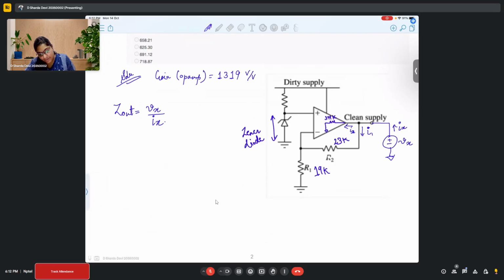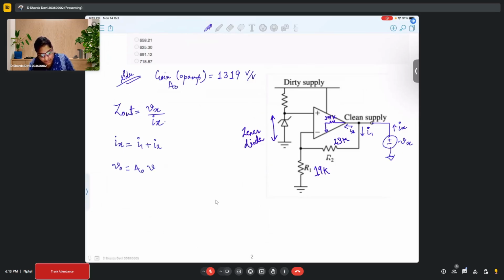This I1 and I2 are such that Ix is the summation of I1 and I2. Now, since this is an op-amp, we know that the output is always gain times, let's say this is A naught.